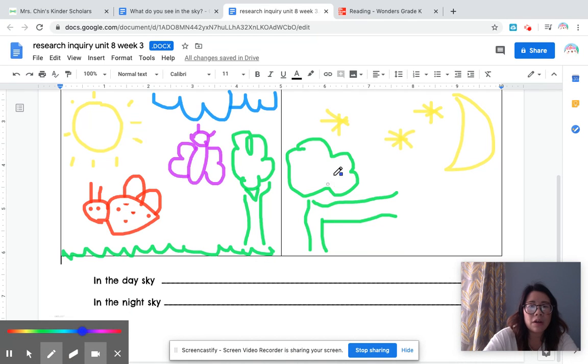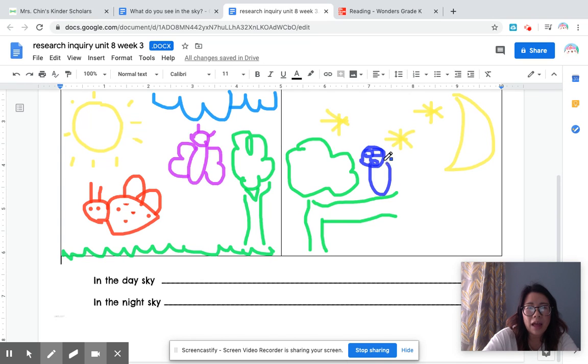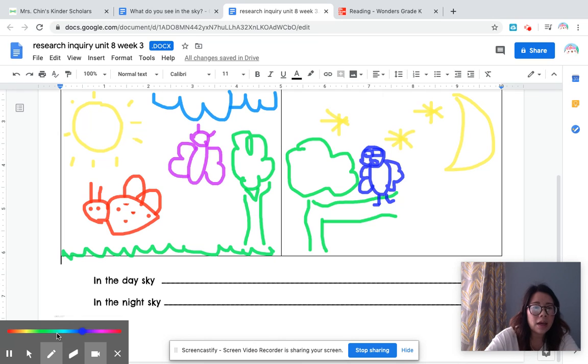I'm going to draw a little owl sitting here that can be out in the night sky. Okay, so here's my owl. And here's its little feet resting in the tree. Okay, so in the night sky I can see the moon and I can see stars and I can see an owl, and maybe I will add one more thing.